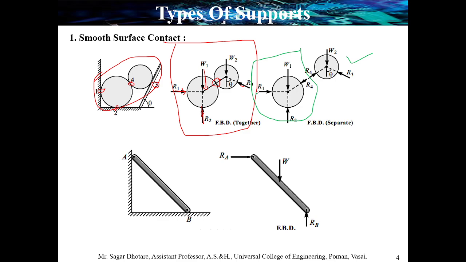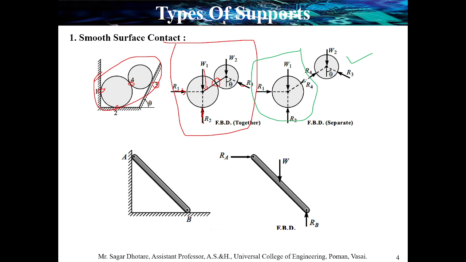Out of that, one is self weight and three are the reactions. So reaction at point 1 with the vertical surface, reaction at point 2 with a horizontal surface, and reaction at point 4, which is nothing but the surface to surface contact of the first sphere to the second sphere.